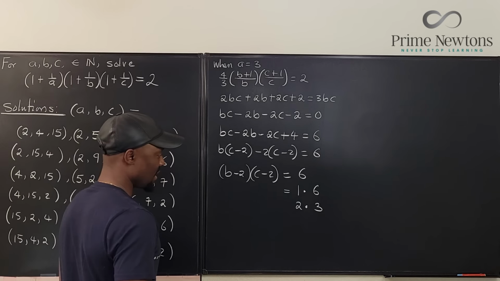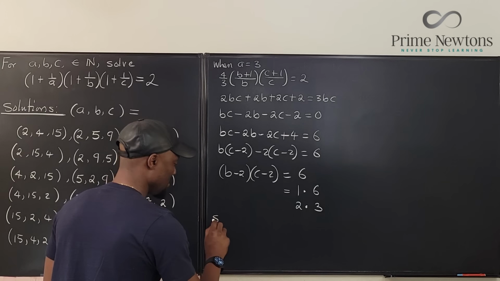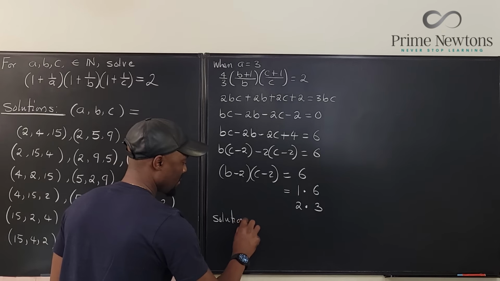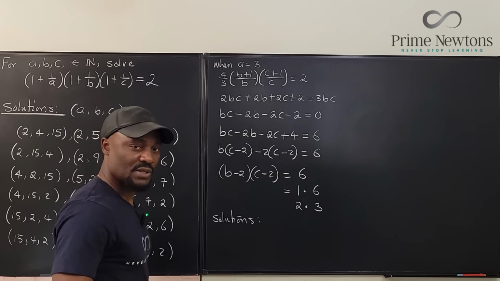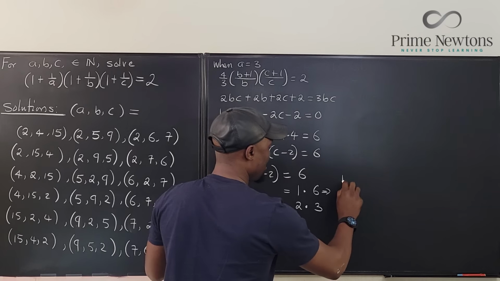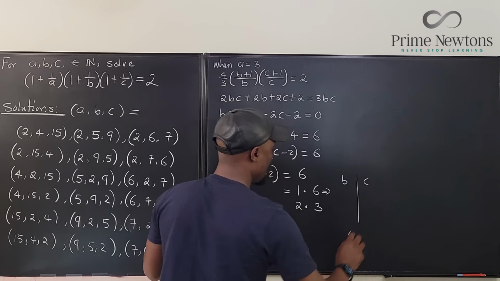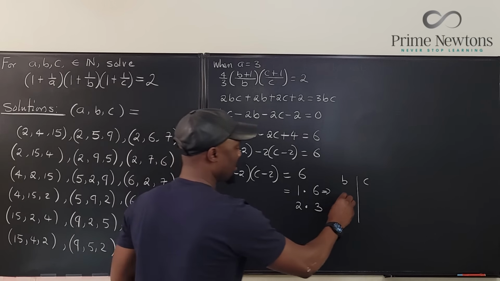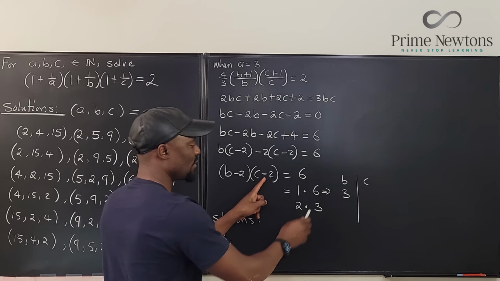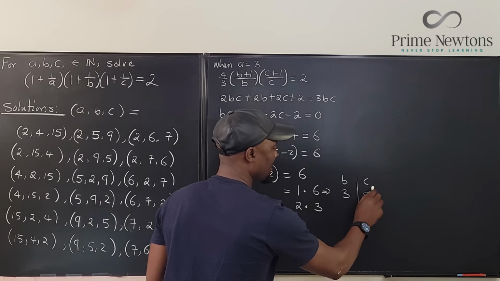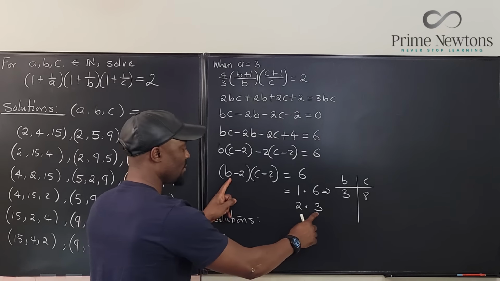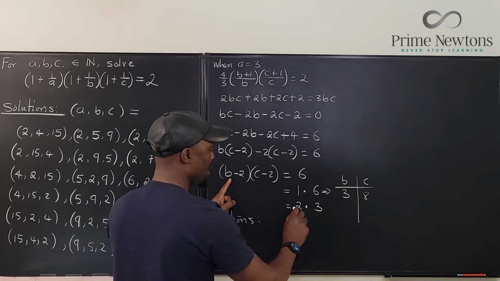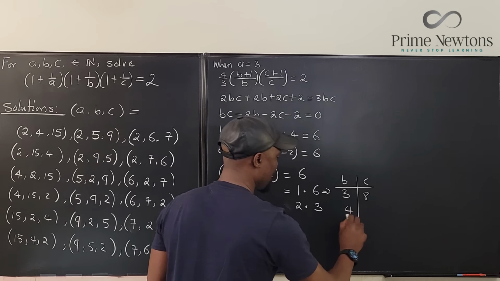What does that give me? It tells me that the possible solutions I have now are, let's write B, C, like I did before. So something minus 2 gives me 1, that thing is 3. Something minus 2 gives me 6, that thing is 8. Something minus 2 gives me 2, that thing gives me 4.